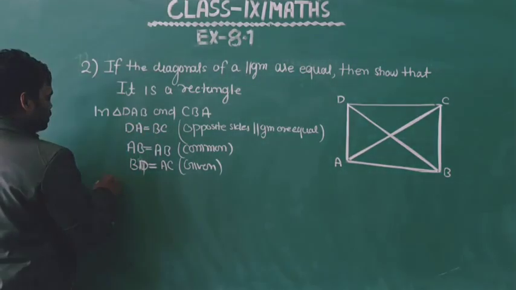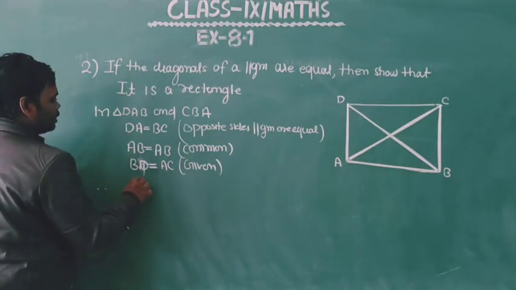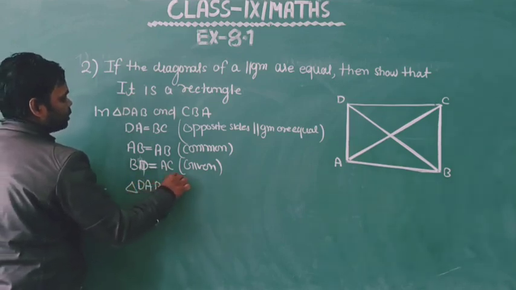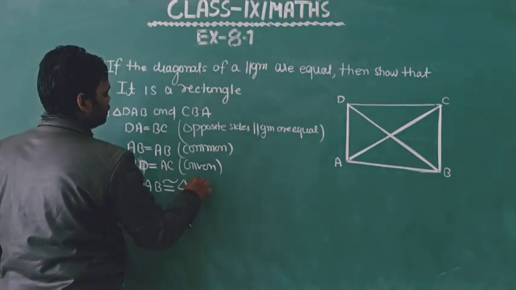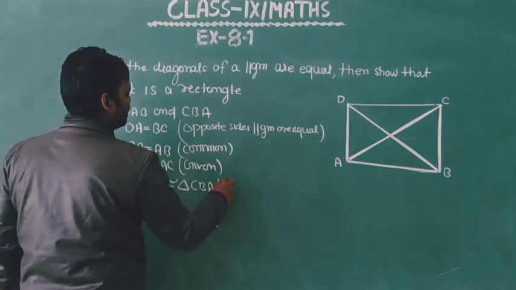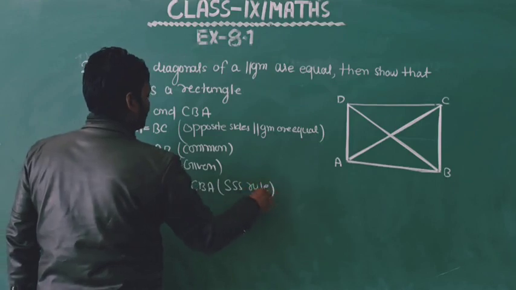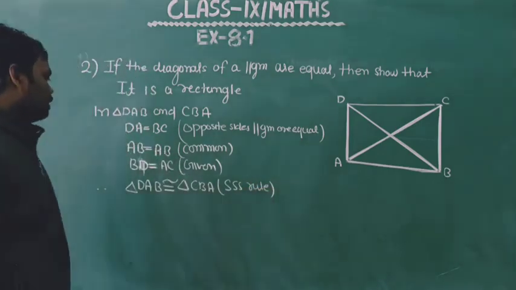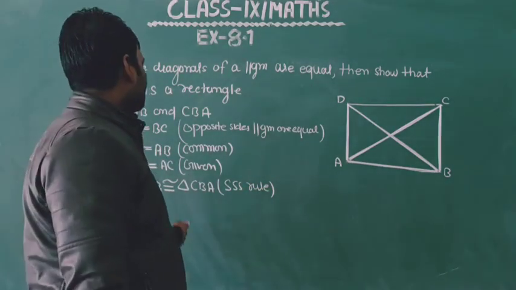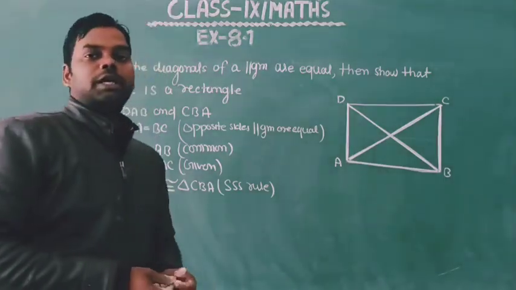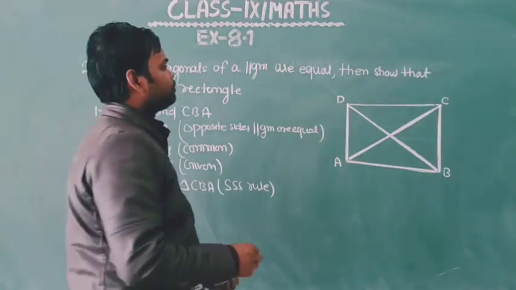Therefore triangle DAB is congruent to triangle CBA by the SSS congruency rule.